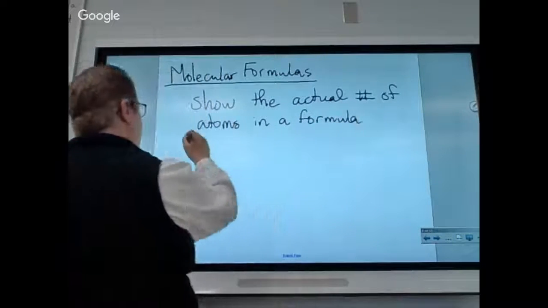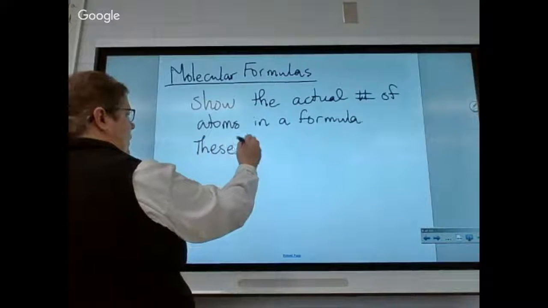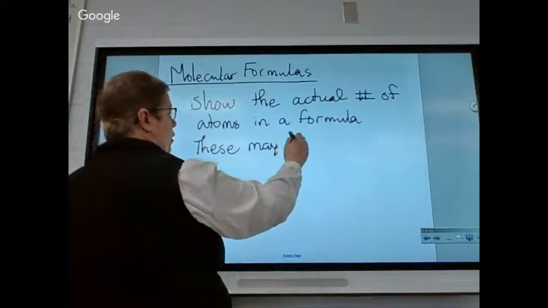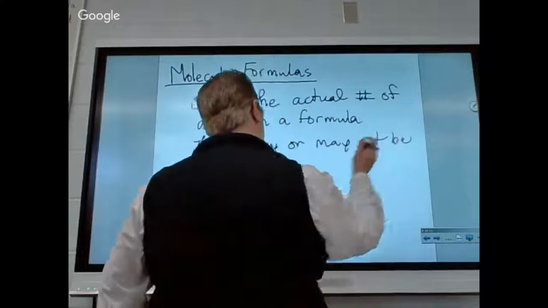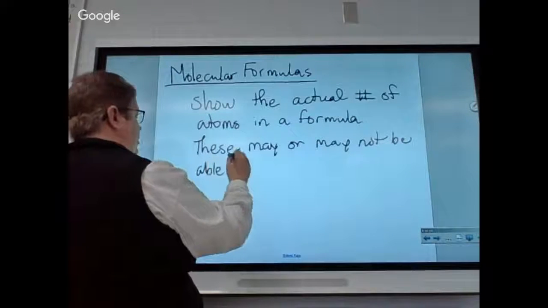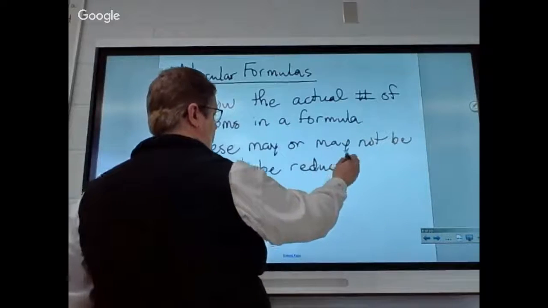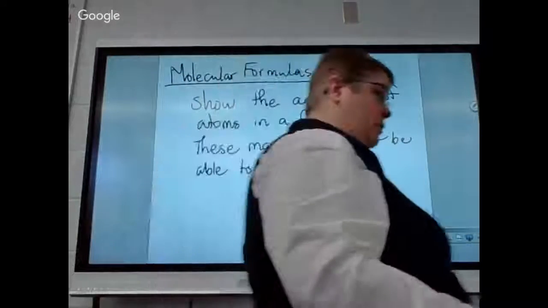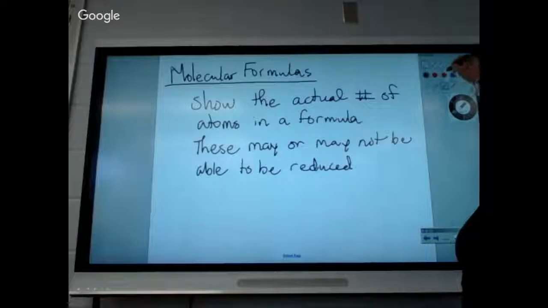Now, these may or may not be able to be reduced. Okay? So, some of these will be able to be reduced, some won't. So, if we look at some examples just to illustrate how these work.